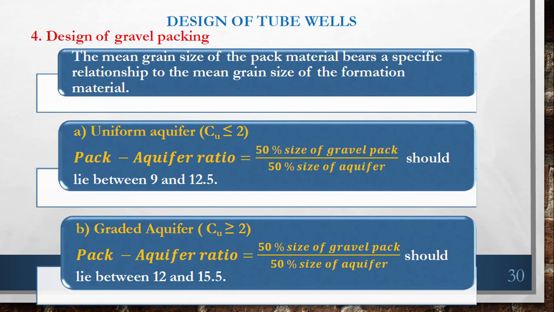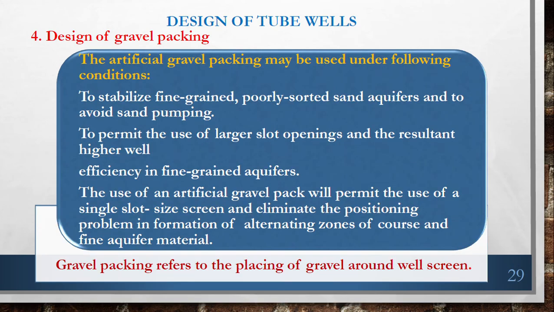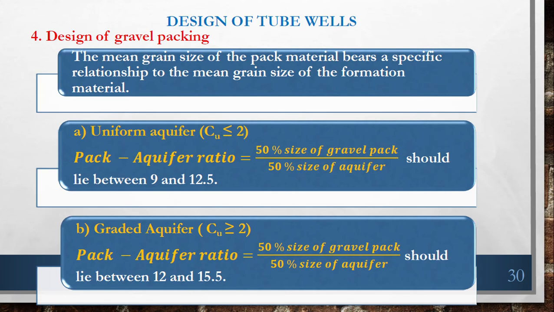So these are the situations in which we provide gravel packing. Gravel packing refers to the placing of gravel around the well screen. Now for gravel packing, we have to see the following conditions. We first see the pack-aquifer ratio, where we compare the size of the gravel with the size of the aquifer material. The 50% size of the gravel pack divided by the 50% size of the aquifer is known as the pack-aquifer ratio.